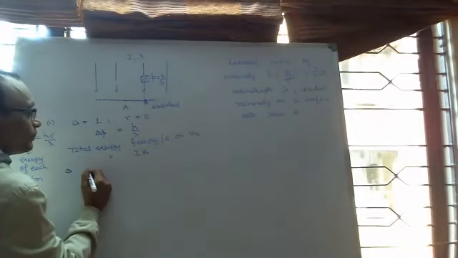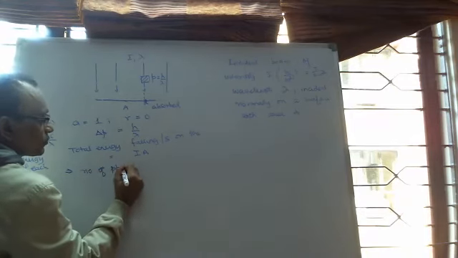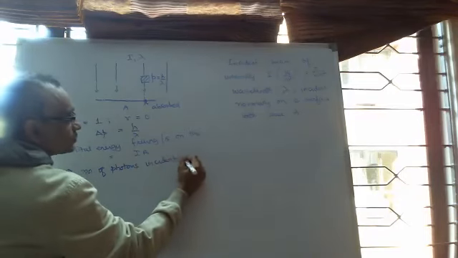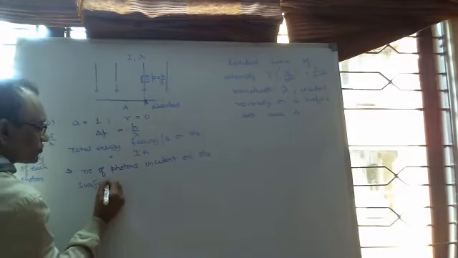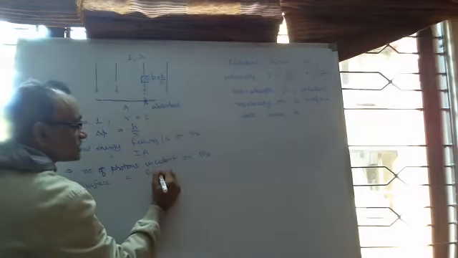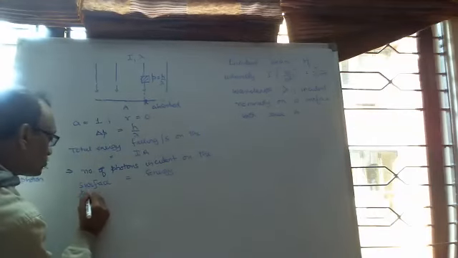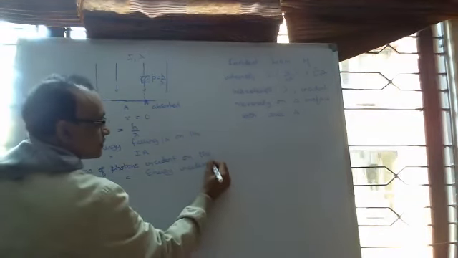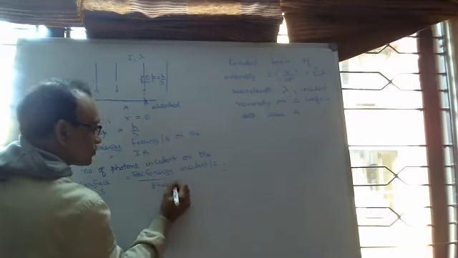So the number of photons incident on the surface per second would be total energy incident per second divided by energy per photon.